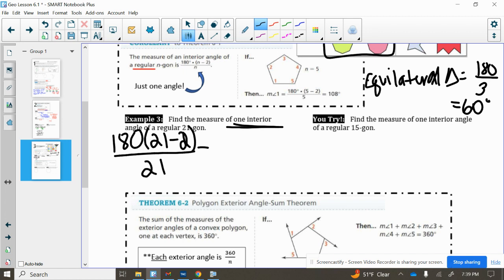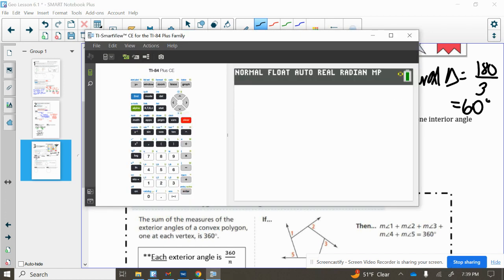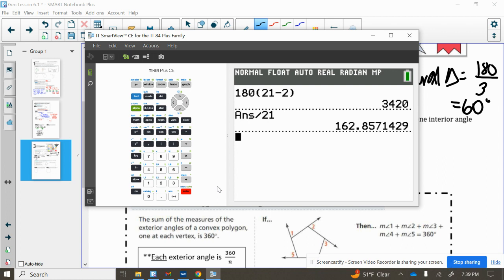So again, we need to start by finding the sum, so 180 times our total number of sides minus 2, and then we are going to divide that by the number of sides to get what each individual one is.